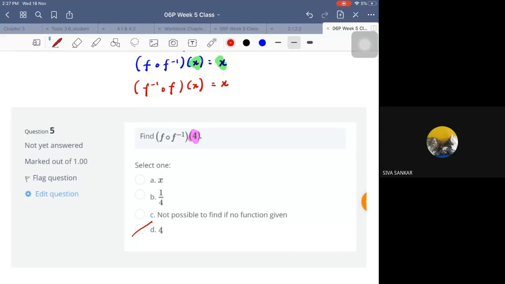That's the only answer. If I have f inverse of f of x, or the other way around, as I have in this quiz, if this is 4, automatically this is also going to equal 4. So this is the concept. If you have f inverse and you want to verify whether your f inverse is correct, all you have to do is composite both of them and you will get x. That is the relationship between the function f and its inverse.